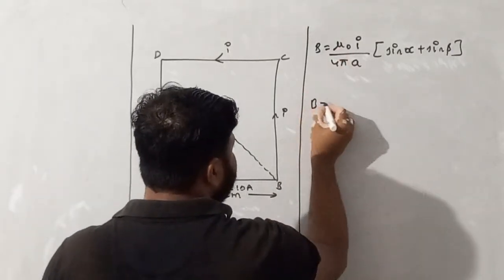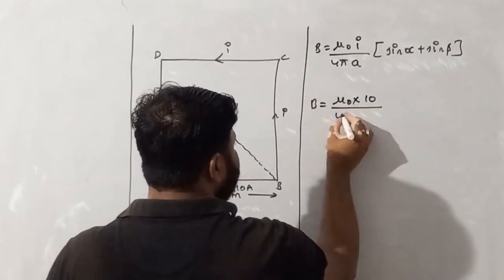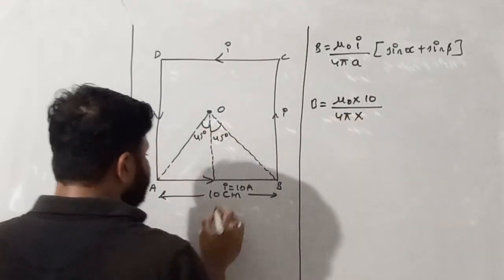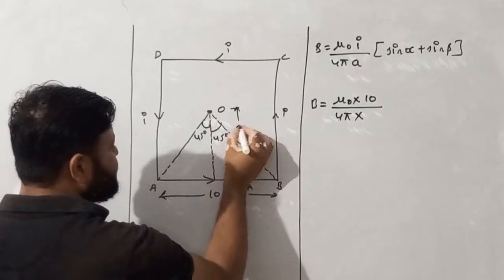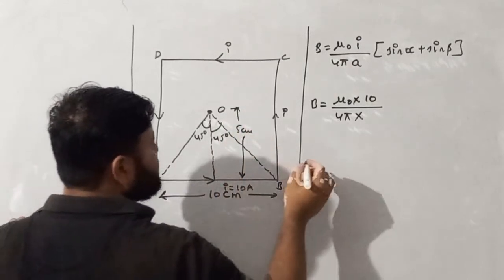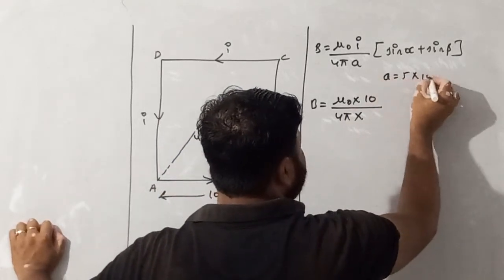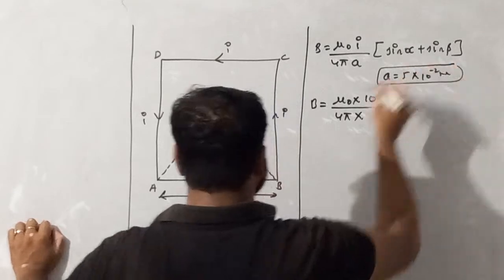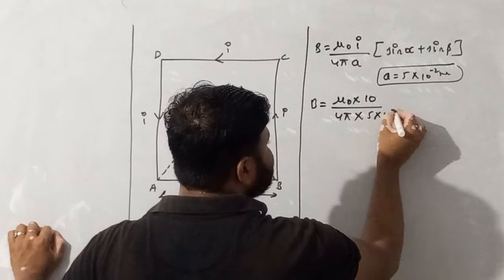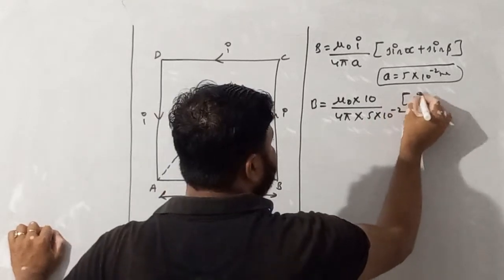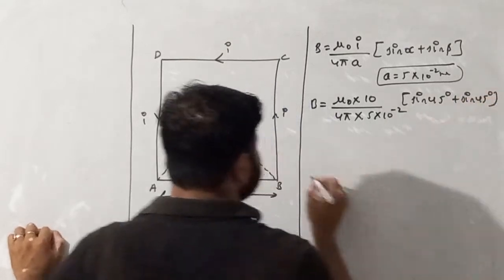So I am writing here B is equal to mu naught I, I is 10 ampere, divided by 4 pi into a. A is distance. Now see, the total side is 10, so this distance must be 5 centimeter. So instead of a, I'll write 5 into 10 raised power minus 2 meter, because this distance is in centimeter. So 4 pi into 5 into 10 raised power minus 2, sin alpha means sin 45 plus sin beta, again it is sin 45.